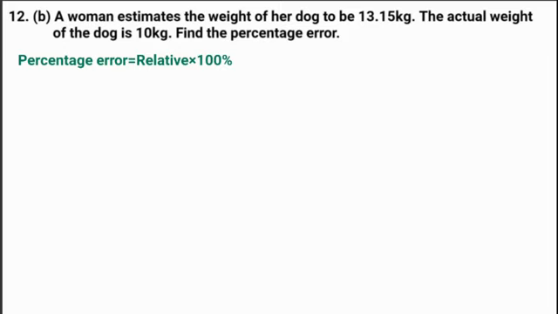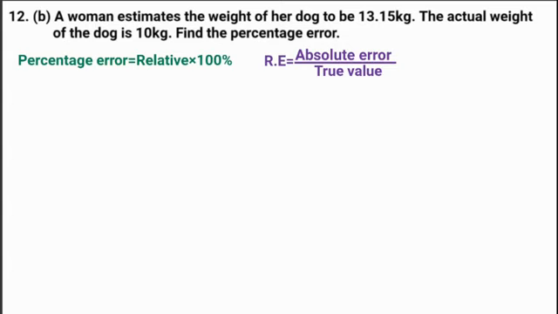100%. So now we need to find the relative error. To find relative error, we use the formula: relative error is equal to absolute error over true value. Here, we are not given the absolute error, but the true value is given, which is 10 kg.